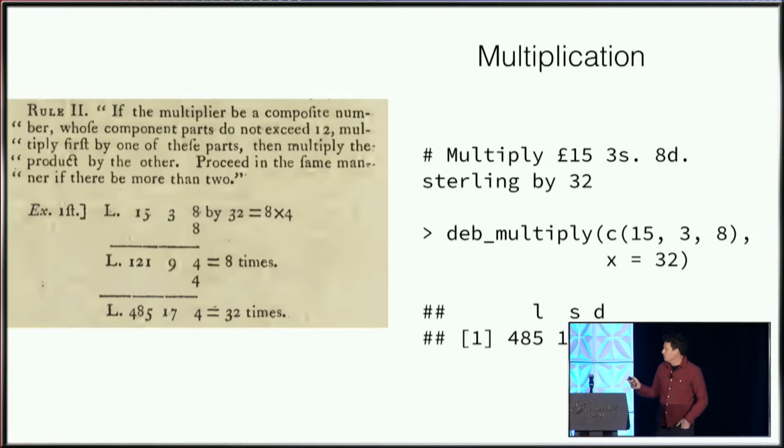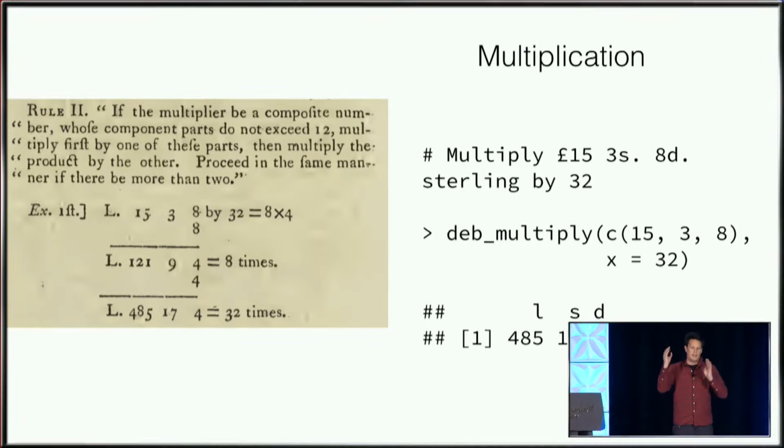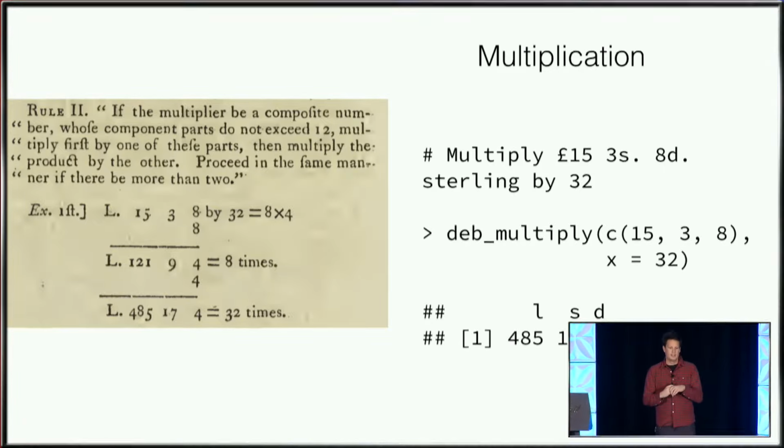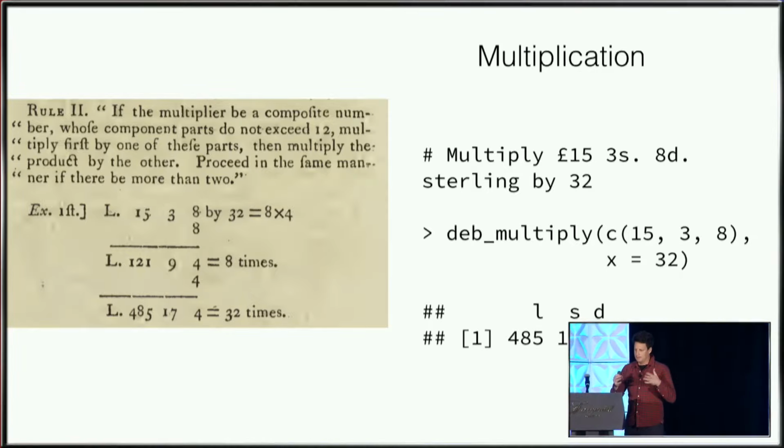So here you can see on the left a fairly complex way in which they multiply 15 pounds, 3 shillings, and 8 pence by 32. They break it down into 8, multiply by 8, and then multiply by 4. And they're carrying over the units sort of behind the scenes.